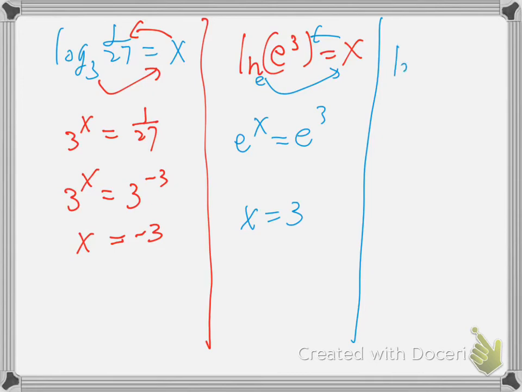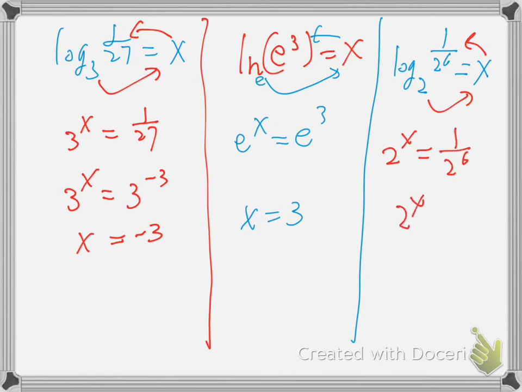And then log 2 of 1 over 2 to the 6 is x, right? And then we do the same thing. 2 to the x is 1 over 2 to the 6. So 2 to the x is 2 to the negative 6. So x is negative 6. Okay, so we will write down the answer. We don't need this letter x.